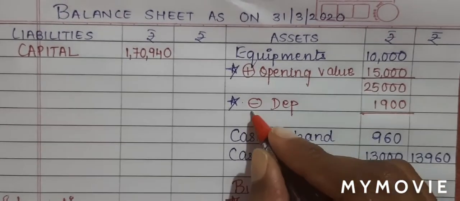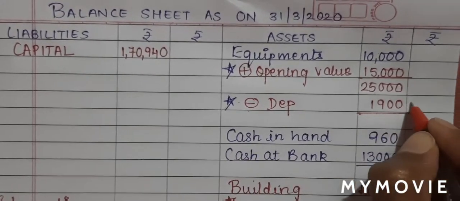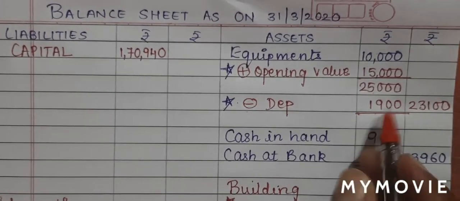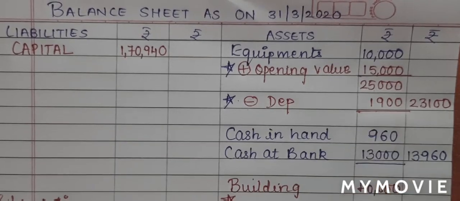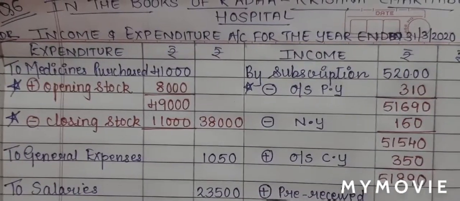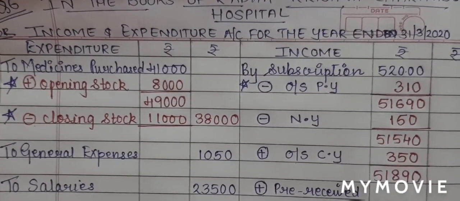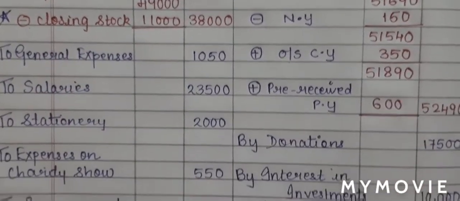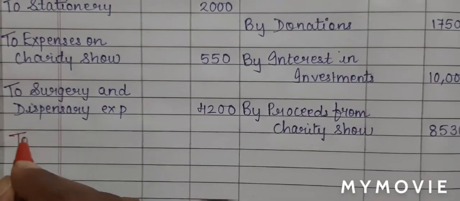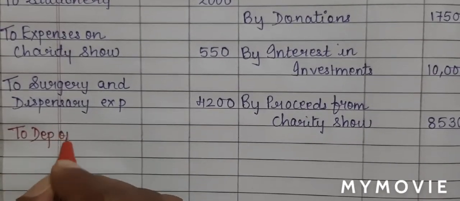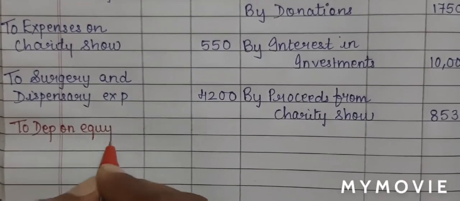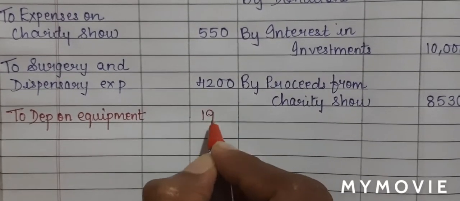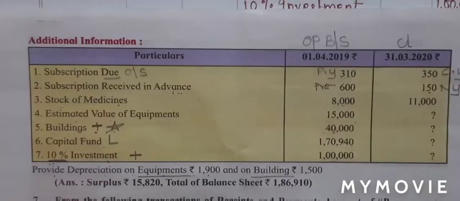So 25,000 minus 1,900 will give me 23,100 in the outer column. This is my first effect for depreciation on equipment. Second effect for depreciation on equipment will be on the expenditure side. So on the expenditure side, I will write down to depreciation on equipment, 1,900 in the outer column.